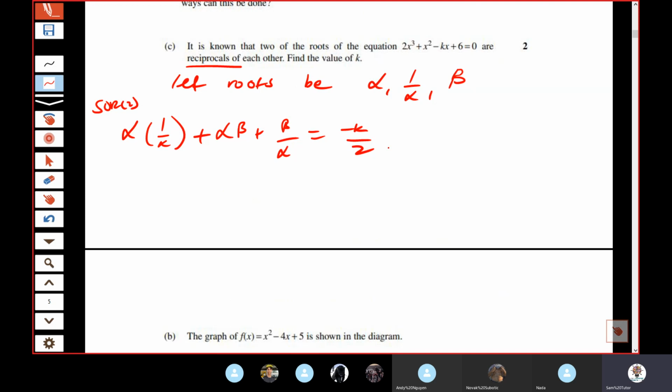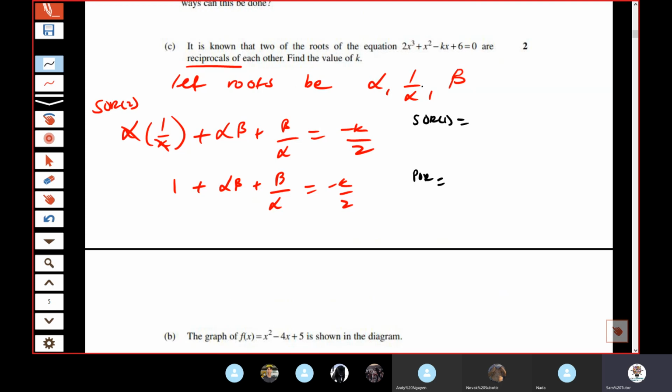Yes, you can simplify that. But you still have 1 plus alpha beta plus beta on alpha equals negative k on 2. So not very helpful. So then we do the other parts: sum of roots 1 at a time, and product of roots. I'm going to do product of roots first.